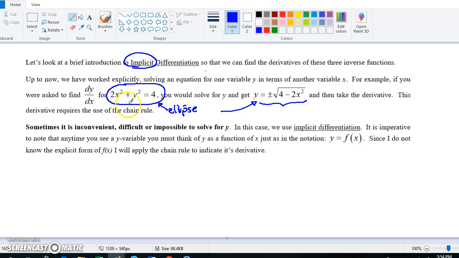But it is possible for me to find the derivative of y with respect to x without solving for y. This is important. Sometimes it's inconvenient, difficult, or downright impossible to solve for y. If that is the case, then we have to use implicit differentiation to find the derivative.